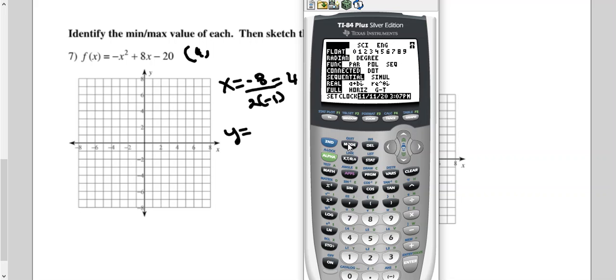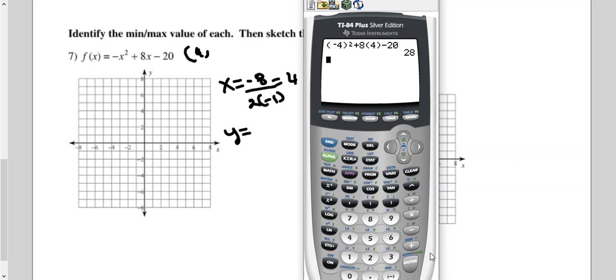In our calculator, second quit. Okay, so you have negative 4 squared plus 8 times 4 minus 20.